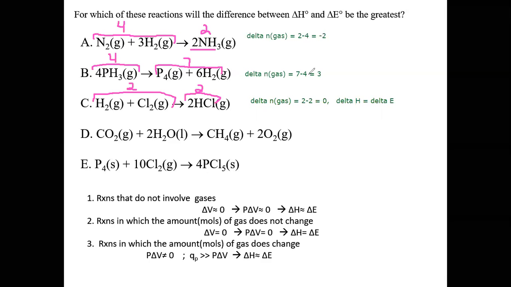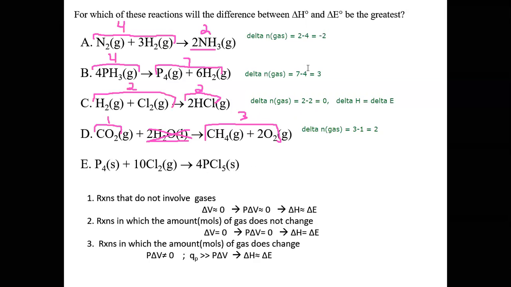If we look at the next one, we now have H2O liquid, and since it's a liquid, we don't include it when counting moles of gas. So on the reactant side, we have 1 mole of gas. On the product side, we have 3 moles of gas. So the change in the moles of gas is 3 minus 1, which equals 2.